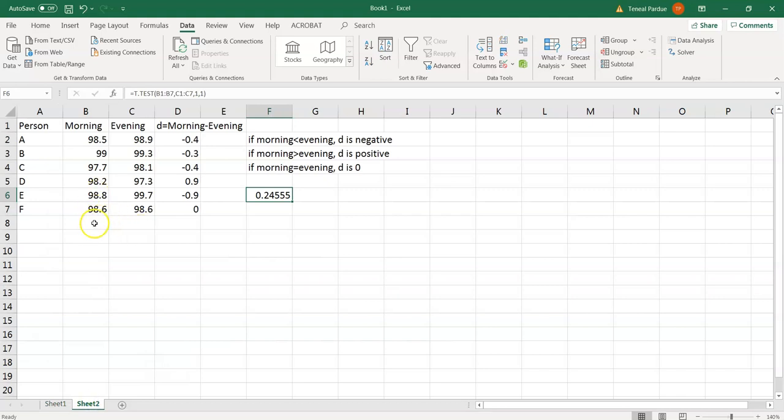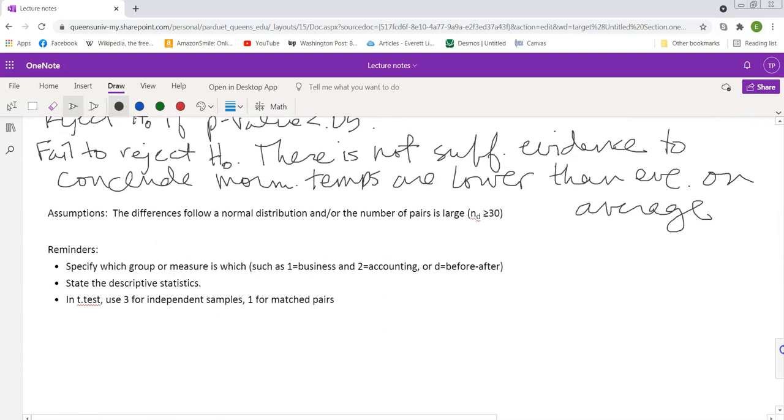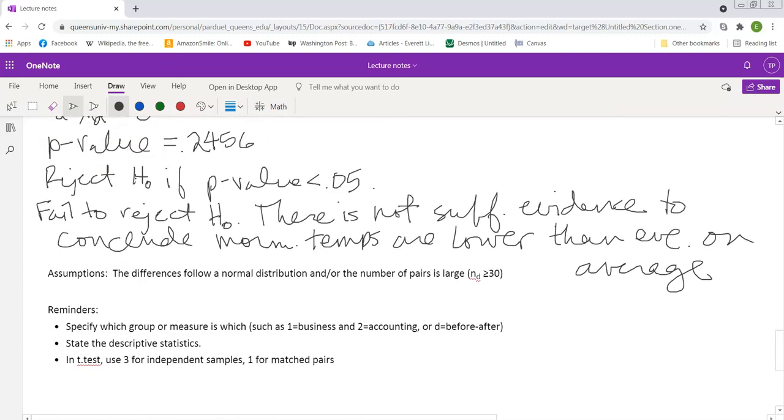Compute the mean temperature in the morning, the mean temperature in the evening, and then the standard deviations for both groups and the sample size. Also, please remember that when you're using the t-test function, we're never using 2 for anything. We're always using 3 for independent samples and 1 for matched pairs.